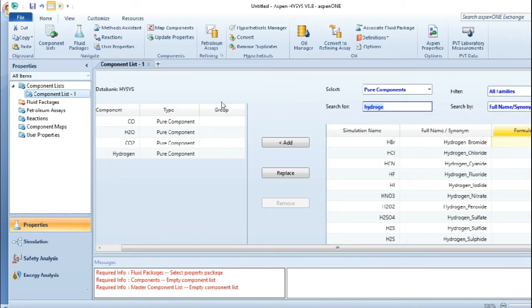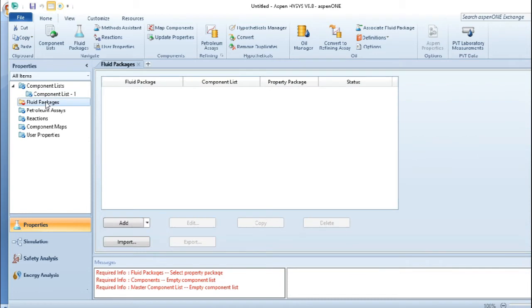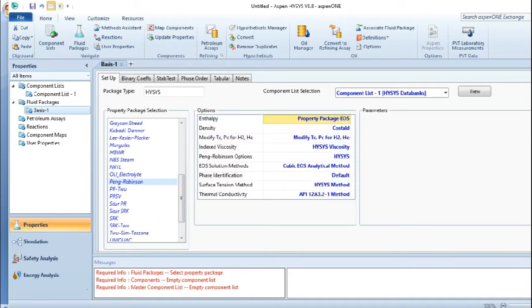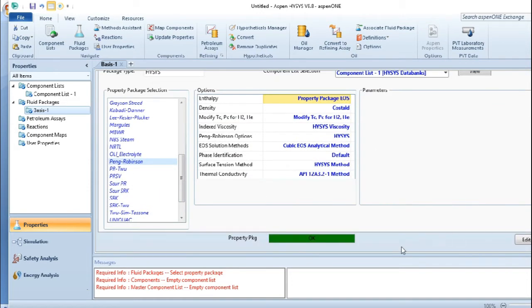So we now proceed to the fluid package. Let's choose Peng-Robinson for the equation of state. As usual, a green color will be shown at the bottom of the interface, identifying that a certain equation of state has been selected at fixed conditions.